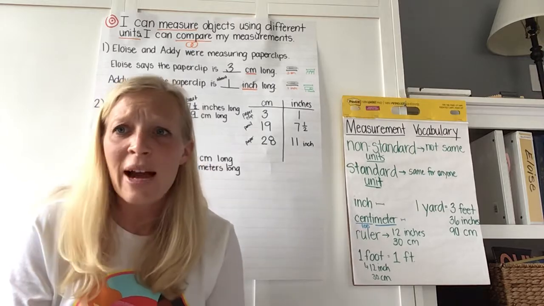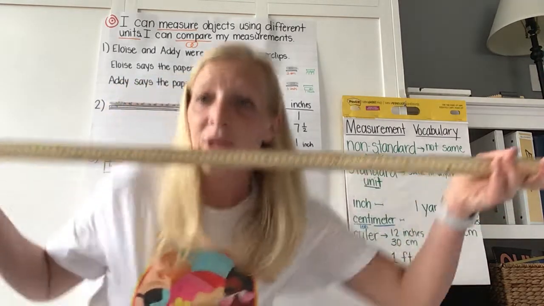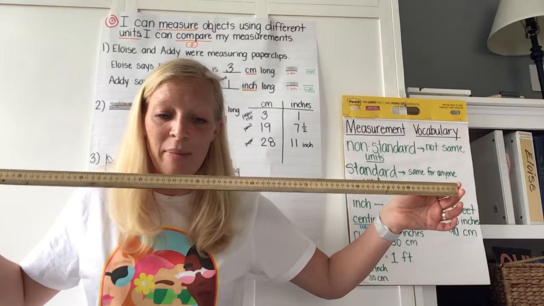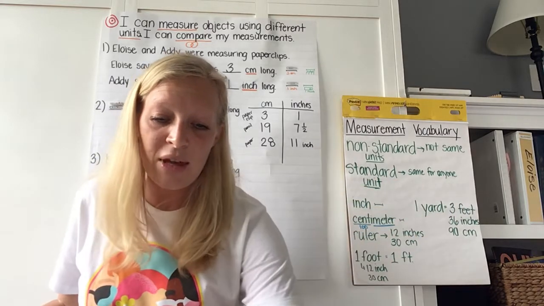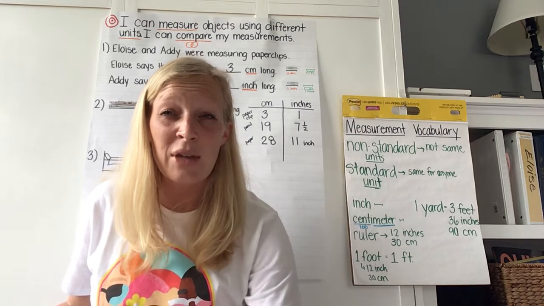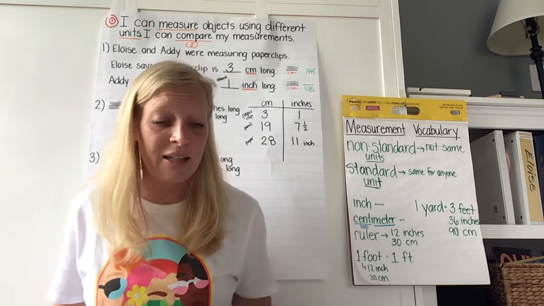Now, you guys may not have this tool around, so I'm going to talk to you a little bit about a body unit to keep in mind. When you are thinking about this meter, we're also thinking about it's 100 centimeters.